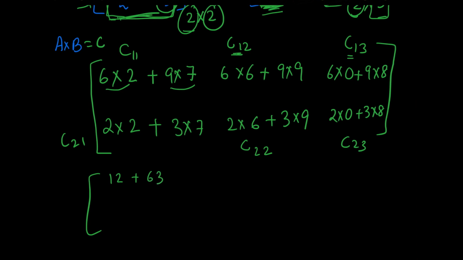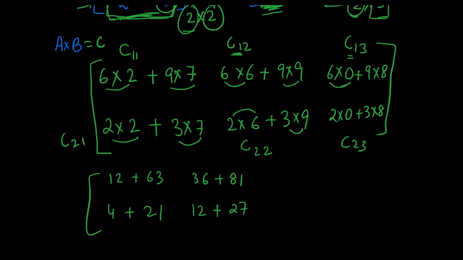This becomes 2 times 2, 4 plus 7 times 3, 21. This becomes 6 times 6, 36 plus 9 times 9 is 81. Again 6 times 2, 12 plus 9 times 3, 27. Anything multiplied by 0 is 0 plus 9 times 8 is 72. 2 times 0 is 0 plus 8 times 3 is 24.